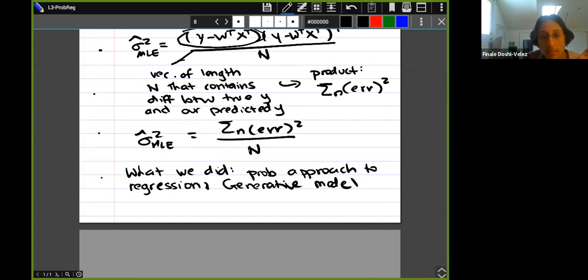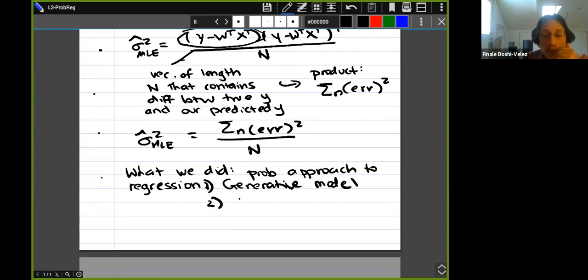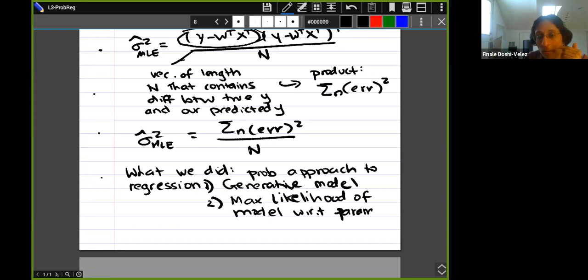The first step was to set up the generative model, and then we maximized the likelihood of the model with respect to the parameters of the model. In this case, the parameters were, well, what weight was it that you multiplied the W by? We don't know. Let's maximize the likelihood with respect to that. What was the variance of the noise? That's another parameter that we did maximum likelihood on.